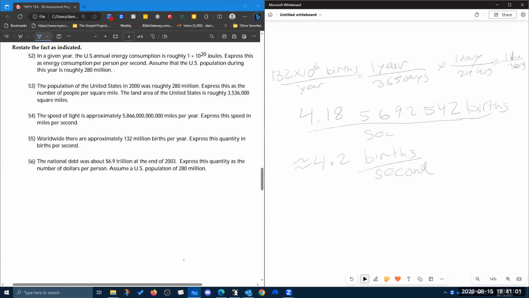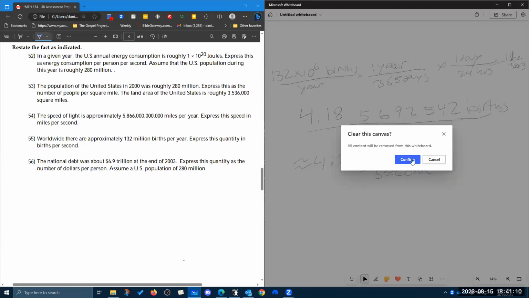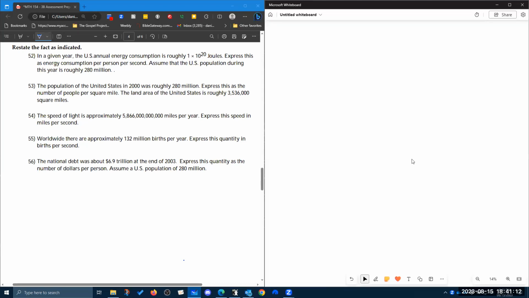All right. Let's go ahead and finish up with this last problem here. The national debt was about $6.9 trillion at the end of 2003.